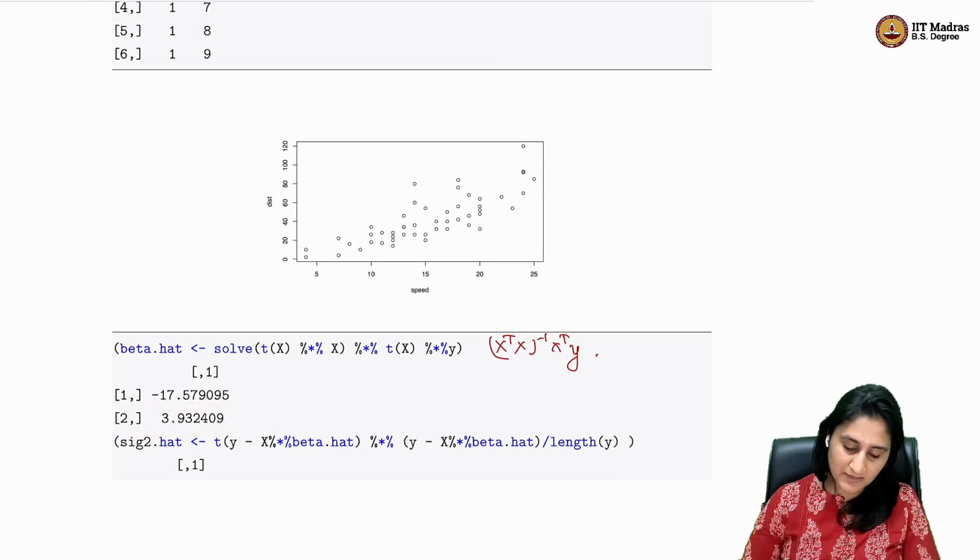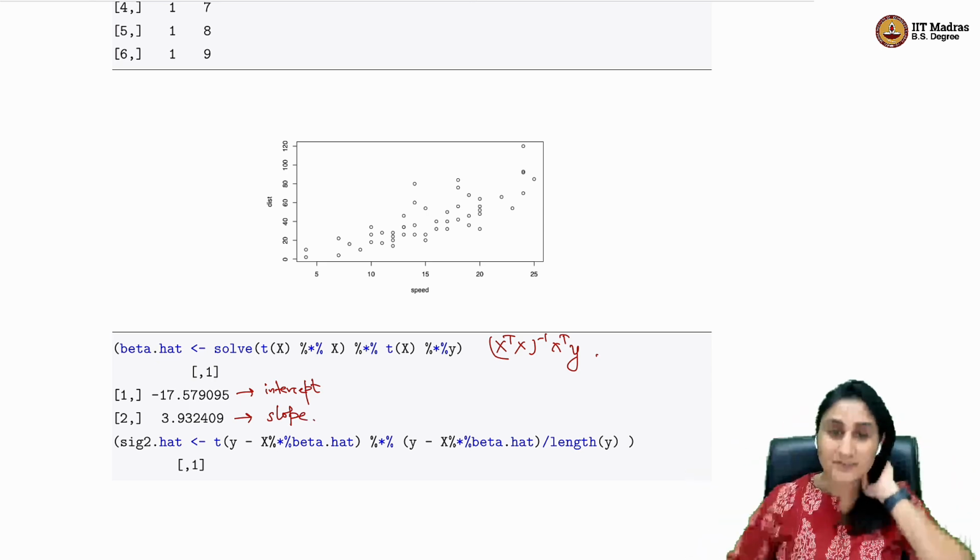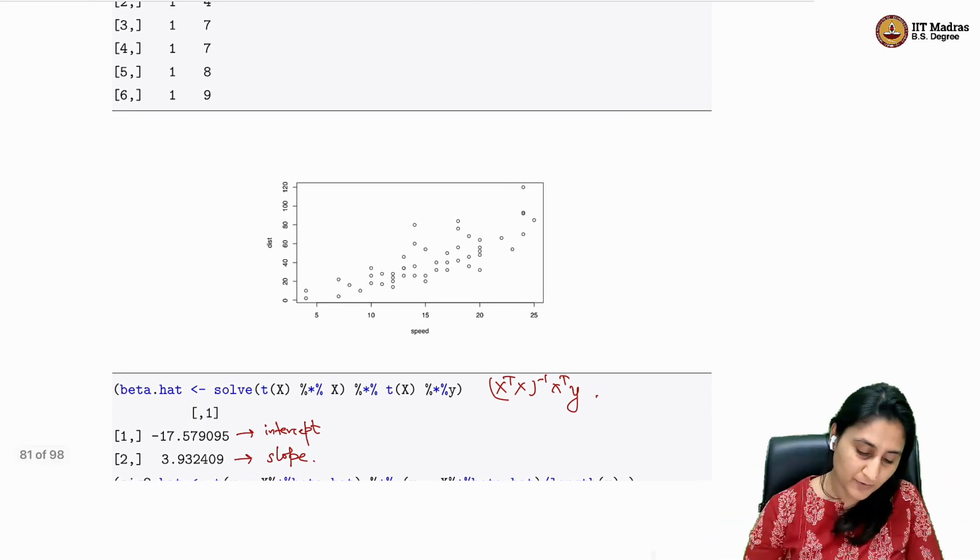So this is my guess for the intercept, not the actual intercept in the population, but my guess for the intercept, and this is the slope. And I know that this is the intercept and this is the slope because the first column corresponded to the intercept and the second column corresponded to the slope.